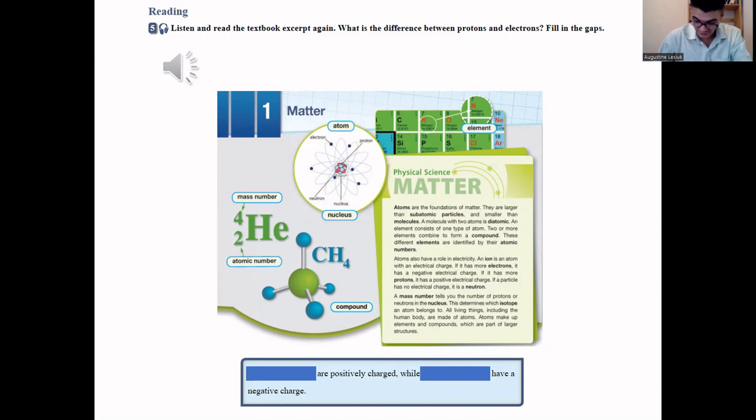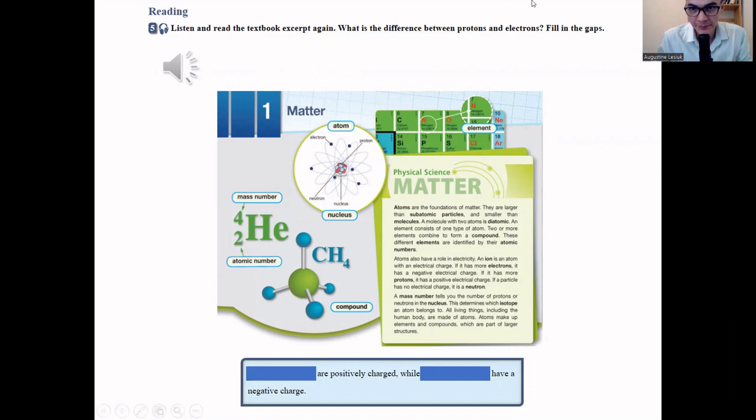An ion is an atom with an electrical charge. If it has more electrons, it has a negative electrical charge. If it has more protons, it has a positive electrical charge. If a particle has no electrical charge, it is a neutron. A mass number tells you the number of protons or neutrons in the nucleus. This determines which isotope an atom belongs to. All living things, including the human body, are made of atoms. Atoms make up elements and compounds, which are part of larger structures.